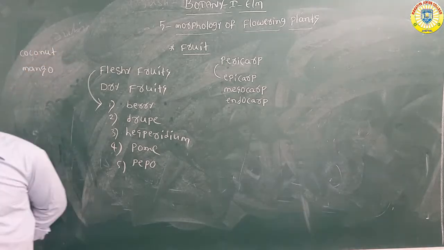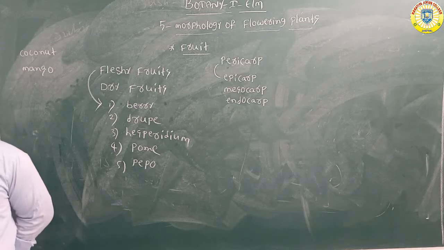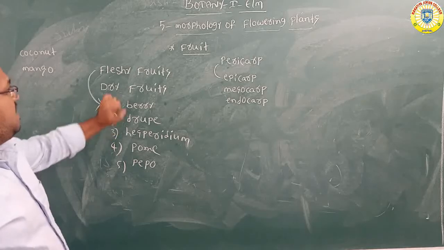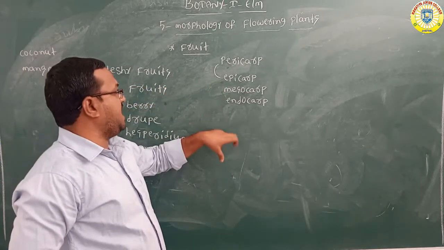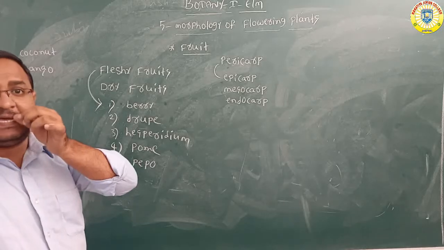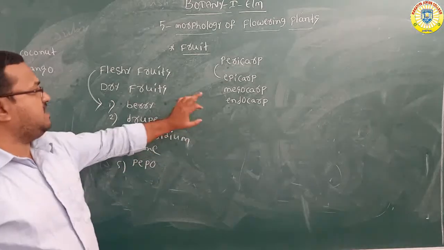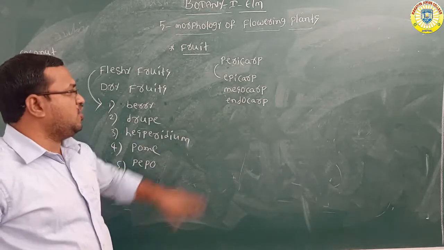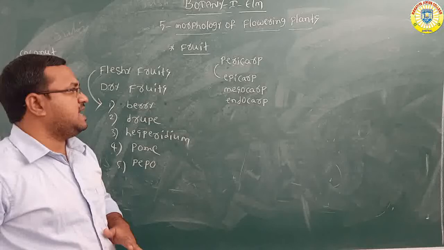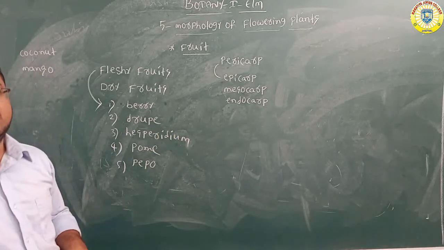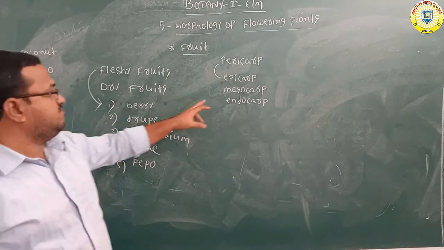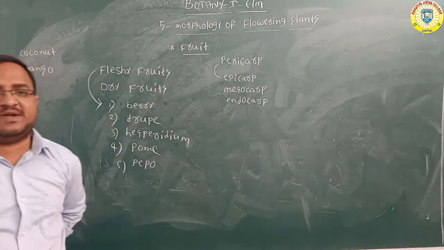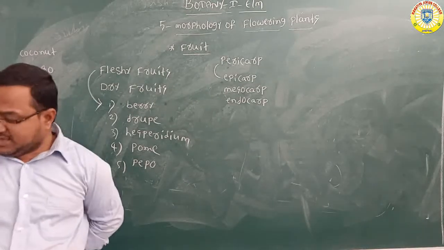In mango, three layers are there: epicarp, mesocarp and endocarp. The fleshy, edible part is the mesocarp. Endocarp is very hard. Epicarp is a peel-like structure. Whereas in coconut, the mesocarp is rich in fibrous substances.